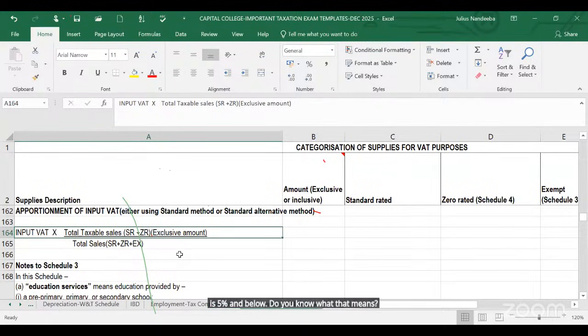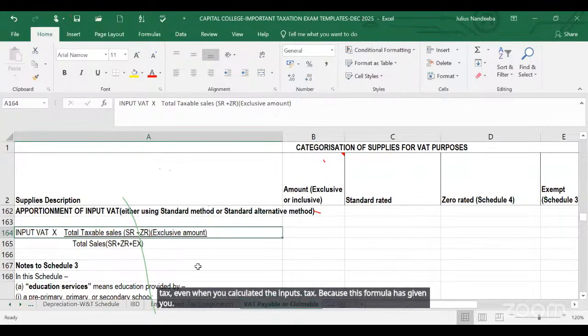That your taxable sales are less than 5%. That is what it means. The law says, unfortunately, don't claim any input tax. So you will give that person zero input tax, even when you calculated the input tax, because this formula has given you 5% and less.